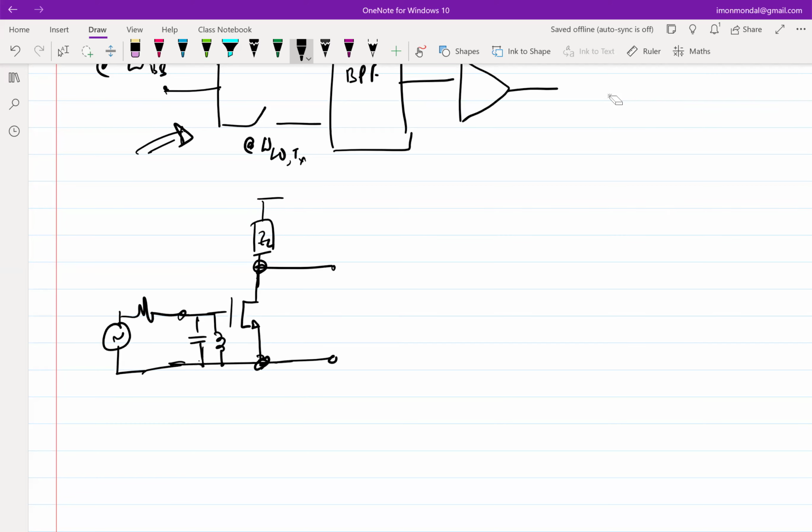Let's say it's a unilateral device, no CGD. I'll give a hint.